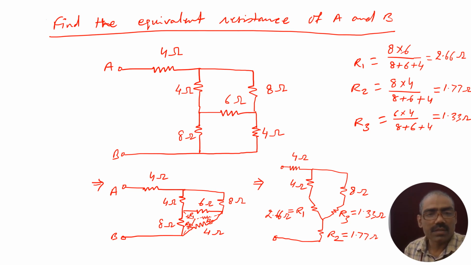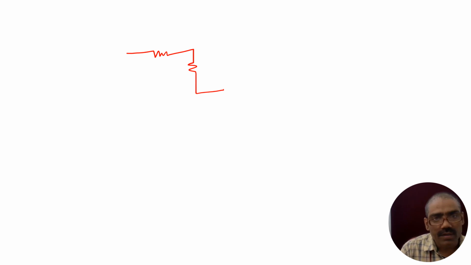Now here what we are doing is that again I will draw this circuit. Okay, so now here we have this resistance and 4 ohm resistance here. This is our 8 ohm resistance.